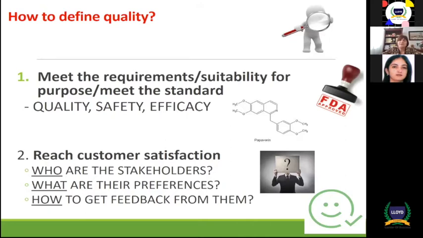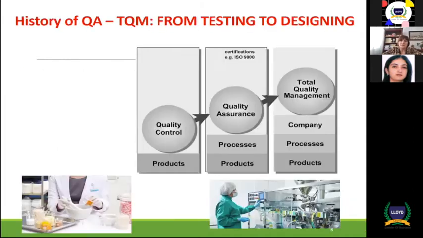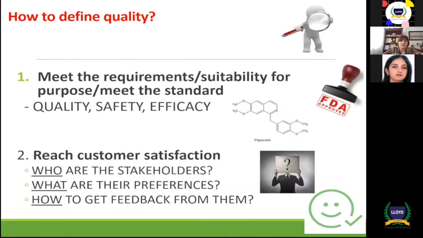I will state that focusing on both quality aspects is very important in our case in pharmaceutical research. In the first case, when we speak about technical quality issues, quality does exist independently of whether the customer realizes it or not.